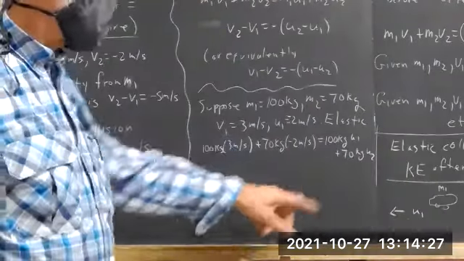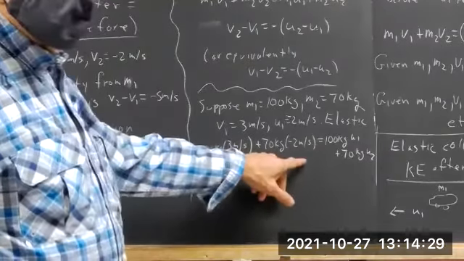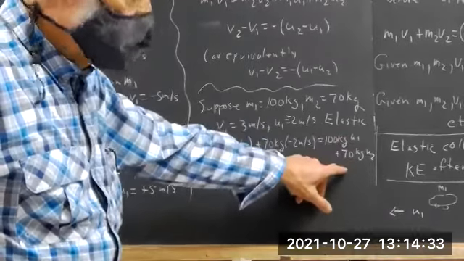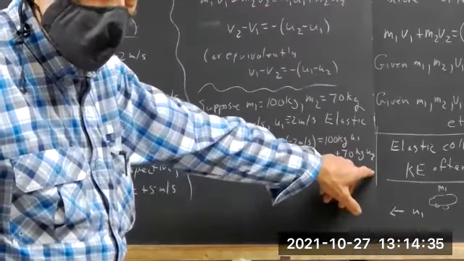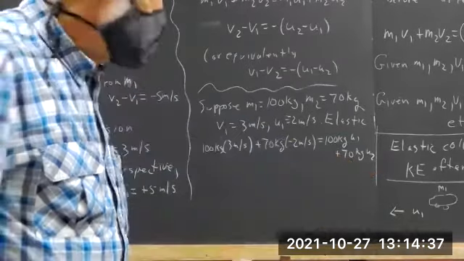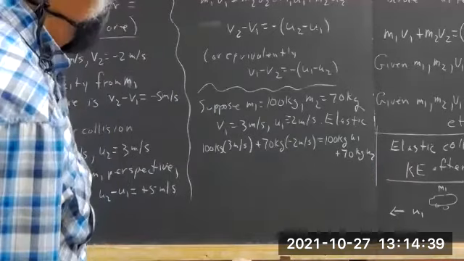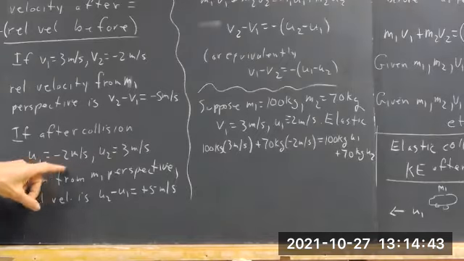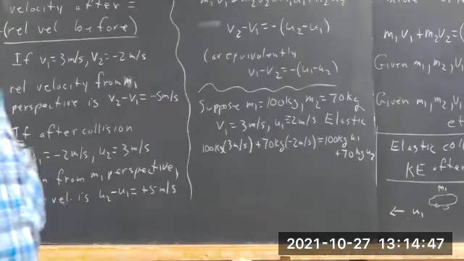Here's conservation of momentum. Mass times velocity plus mass times velocity before equals mass times the unknown velocity after plus mass times the unknown velocity after. And I don't think that we're going to get negative 2 meters per second and 3 meters per second, although it might be fairly close.